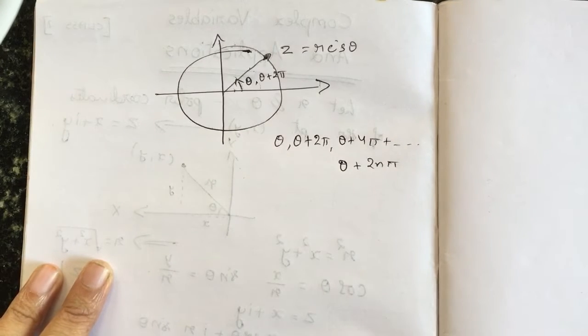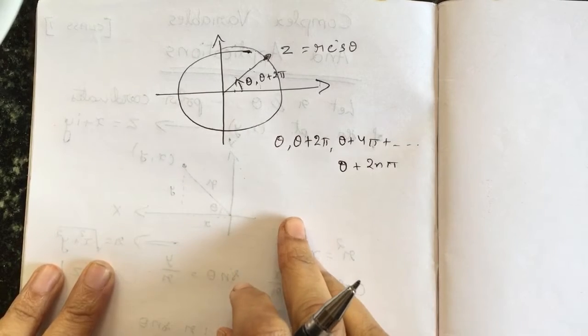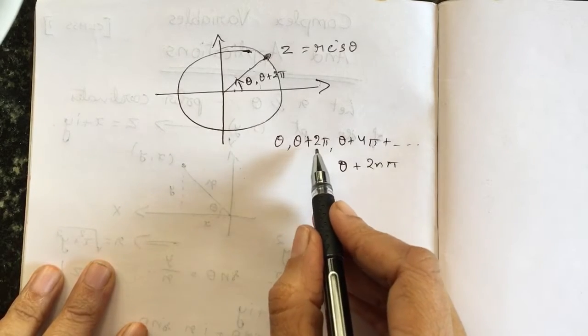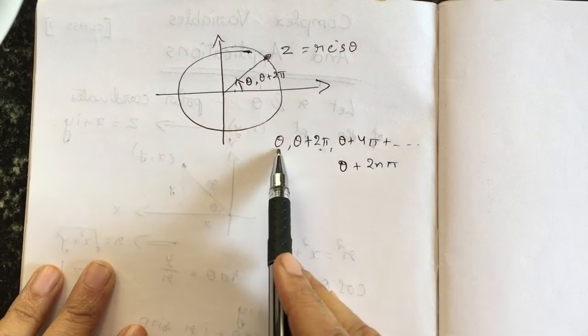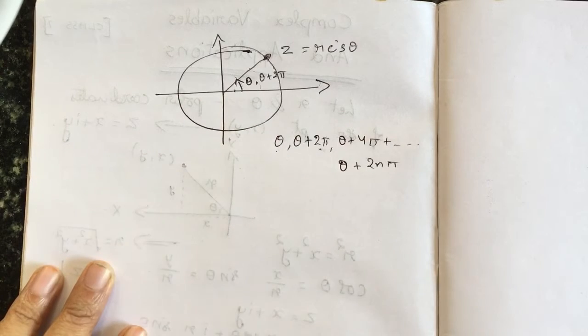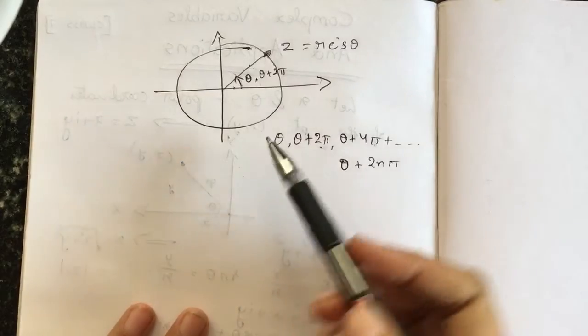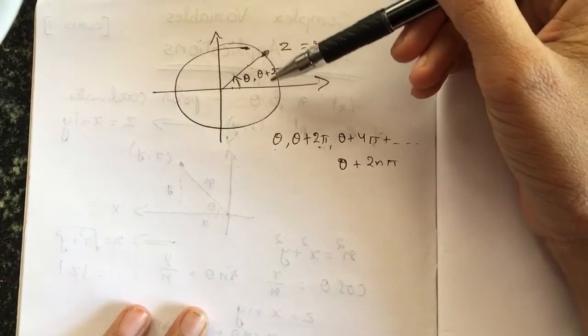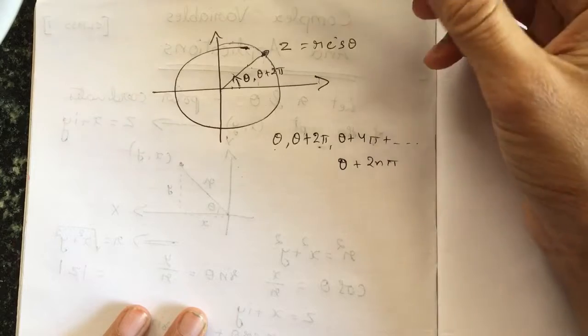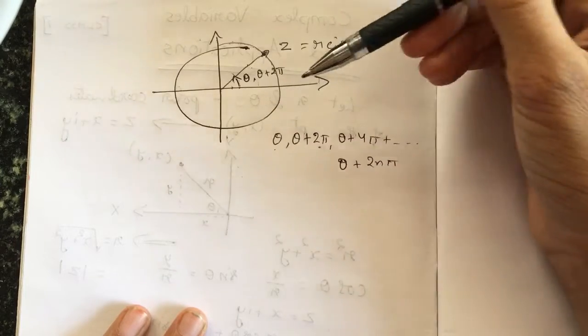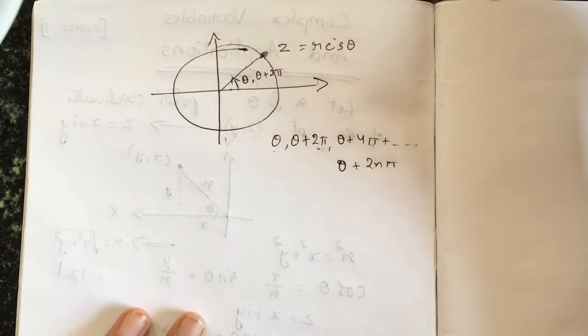So a new value of argument of z we can get just by adding a multiple of 2 pi to the original value. Like that, you can even start decreasing the angle theta by 2 pi in the clockwise direction. We get theta minus 2 pi, theta minus 4 pi, like that.